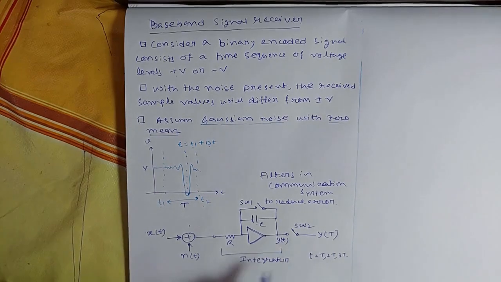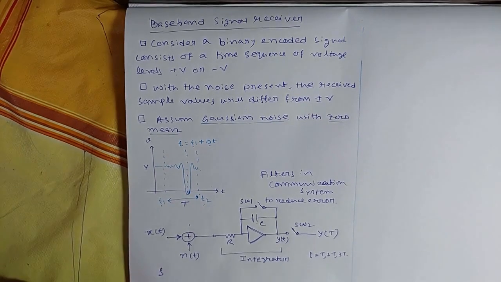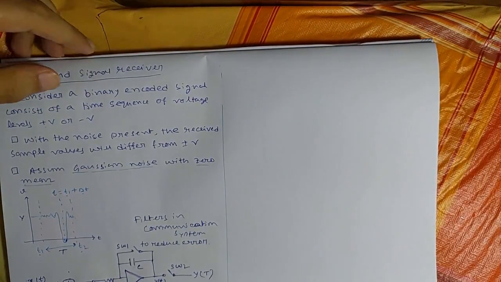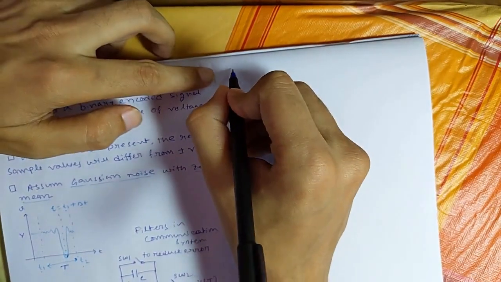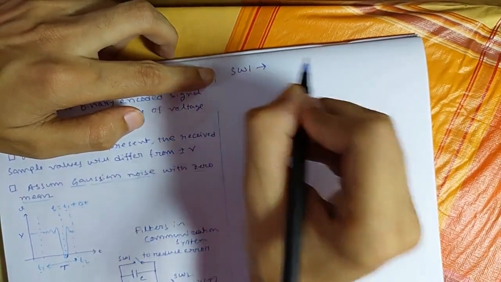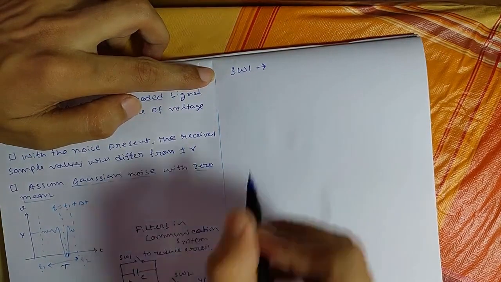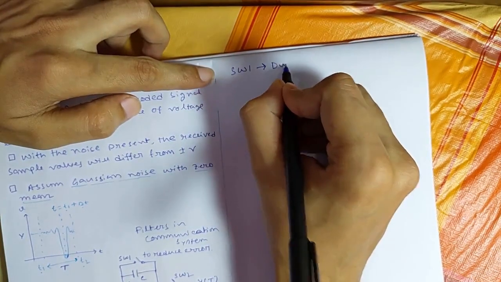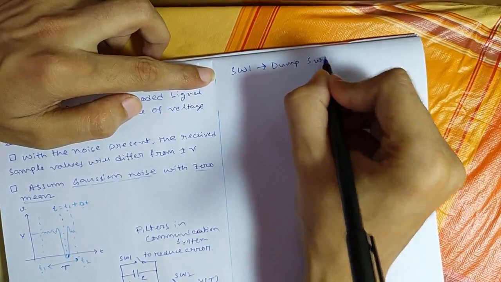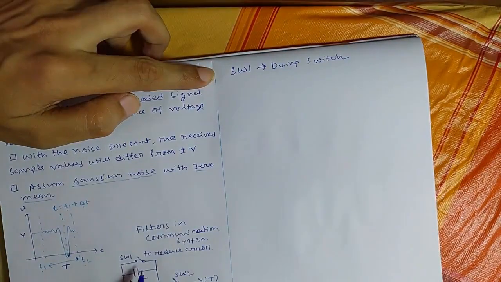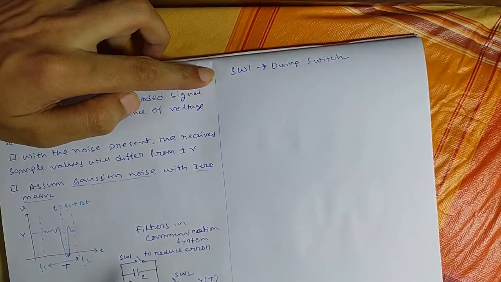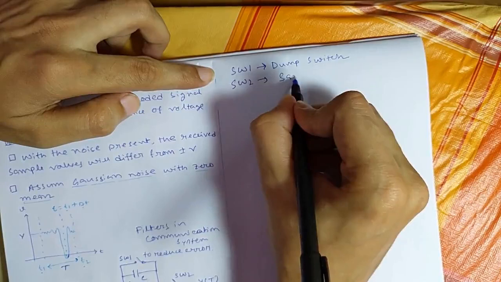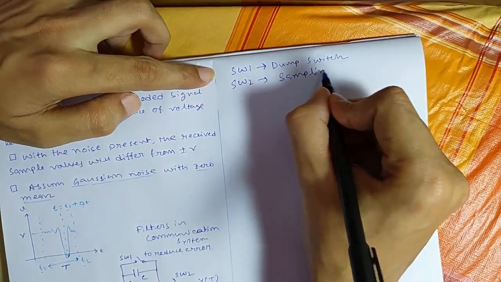This switch SW1 is known as the dump switch because it will dump the capacitor after each bit interval. SW2 is known as the sampling switch.